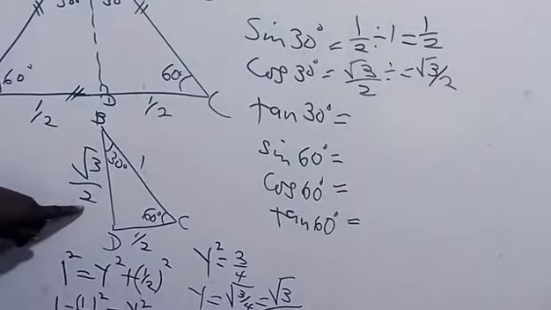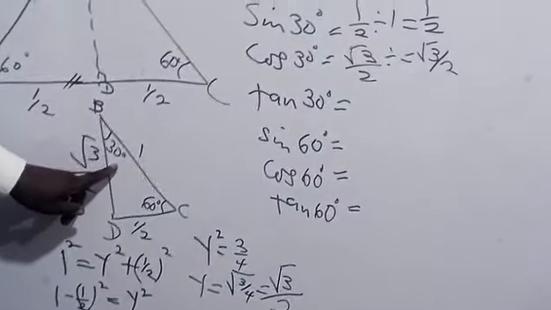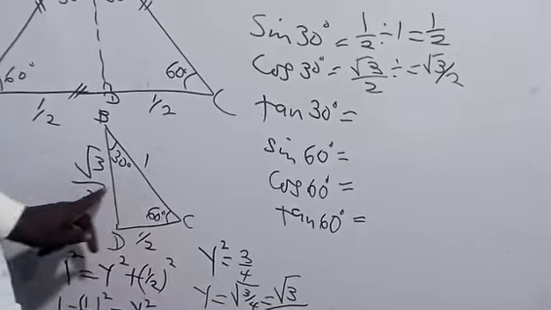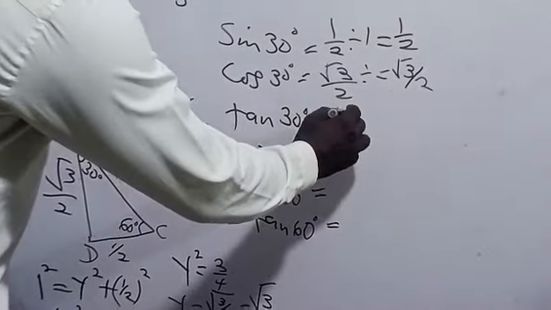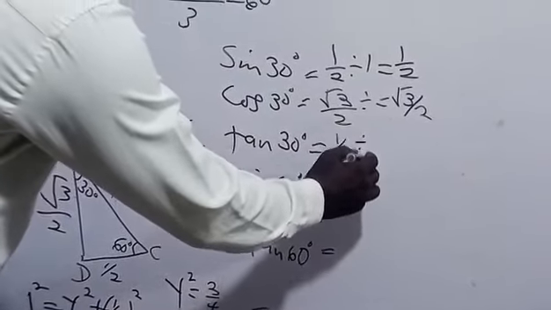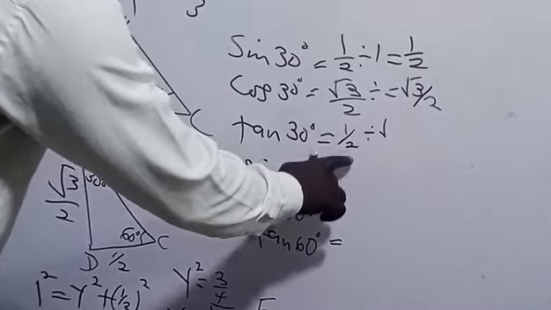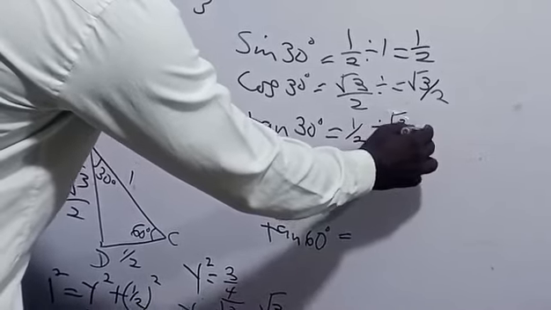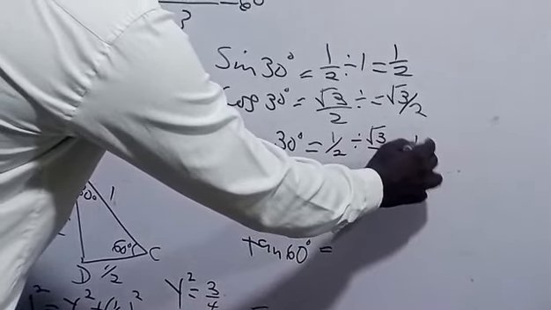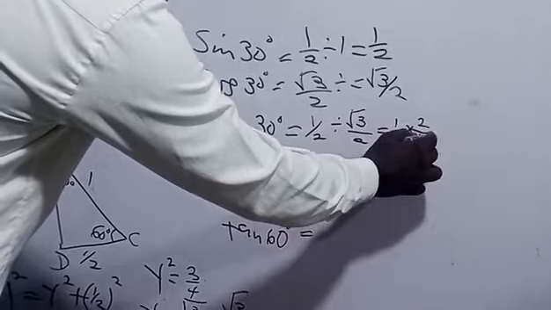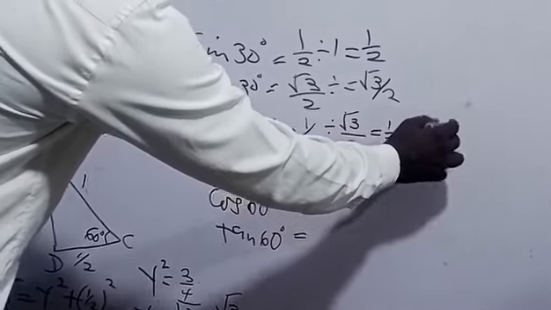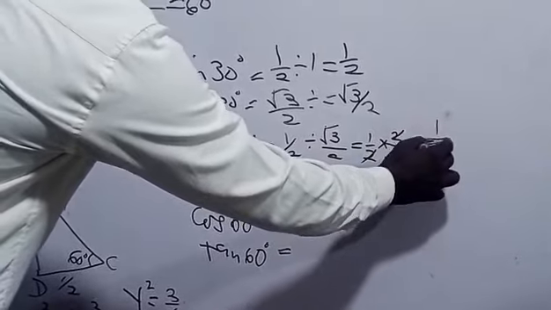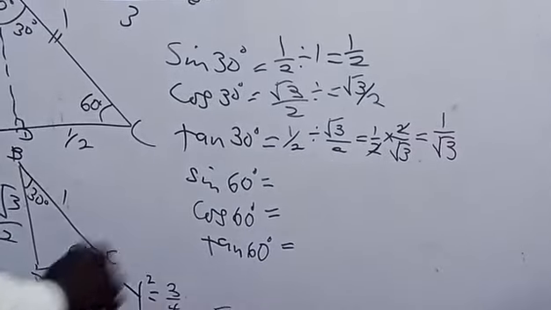And tan 30 is opposite over adjacent. That will be 1 over 2 divided by root 3 over 2, which is the same thing as 1 over 2 times 2 over root 3. 2 will cancel 2. You are left with 1 over root 3.